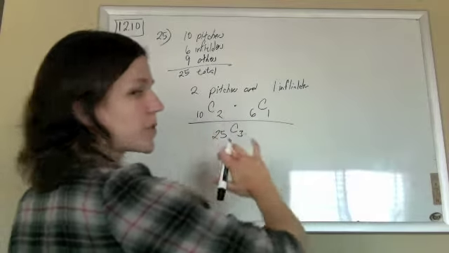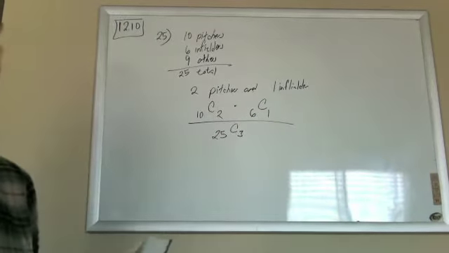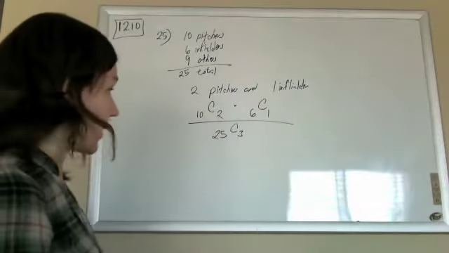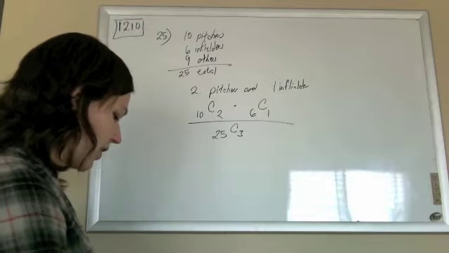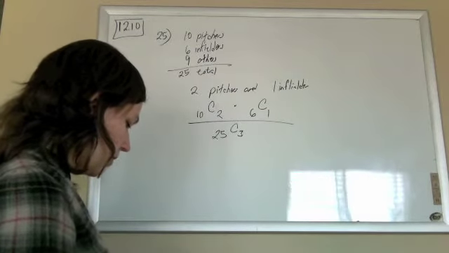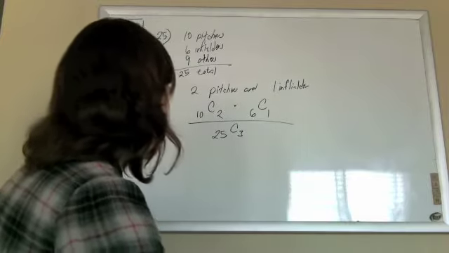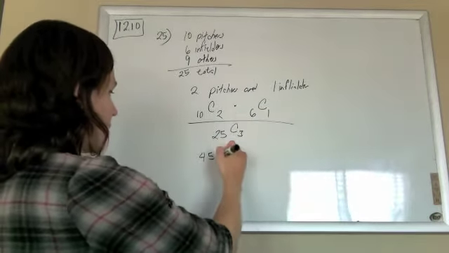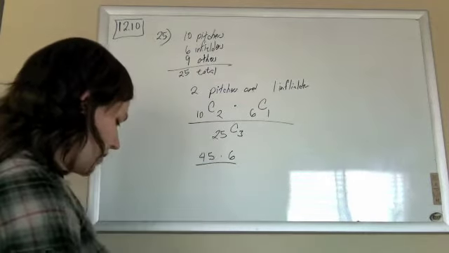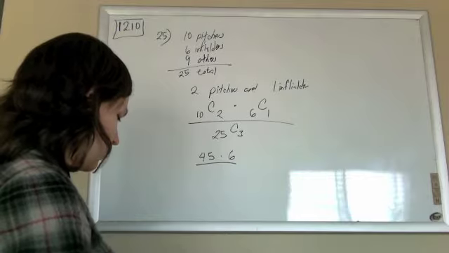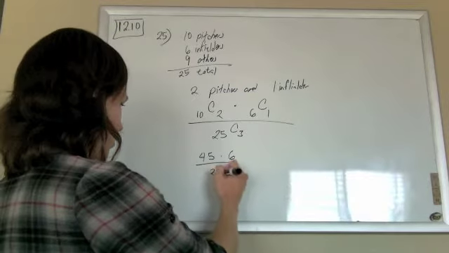So this setup is going to give you your probability, and you would work out each one of these using the formula or the calculator. I'm just going to punch them in on the calculator because I think you've seen most of these before. So 10C2 is 45, 6C1 is 6, and 25C3 will give you 2300.